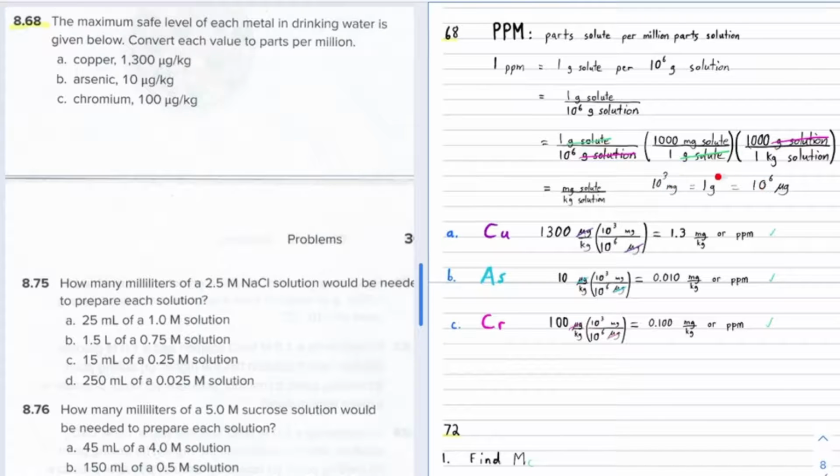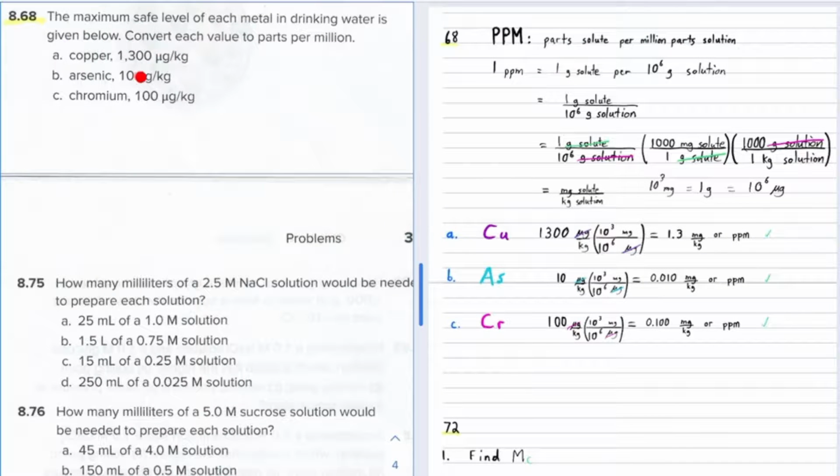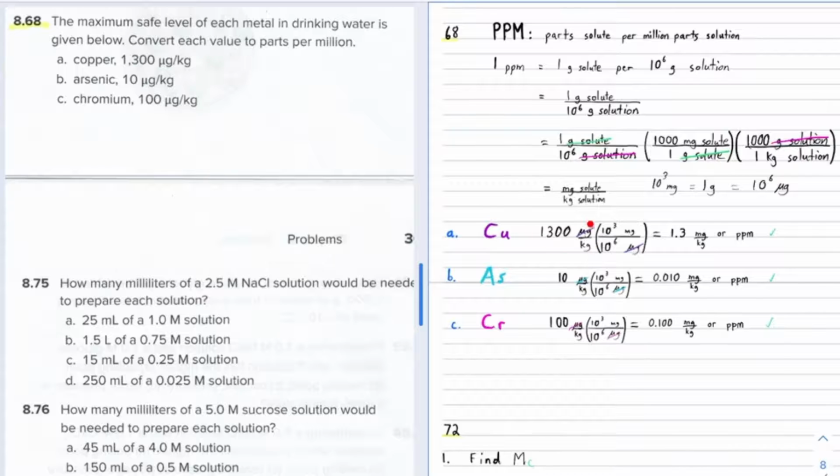So if we're starting with the copper, 1,300 micrograms per kilogram, we write that down for copper. And we want to change this to milligrams per kilogram, because that's going to be ppm. So here's our starting concentration unit, and we just want to change the upstairs unit.